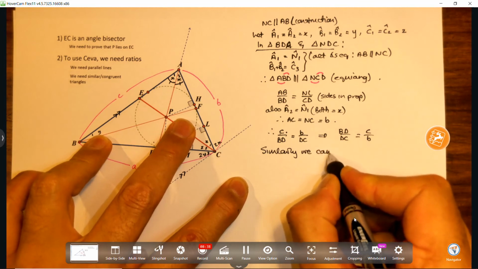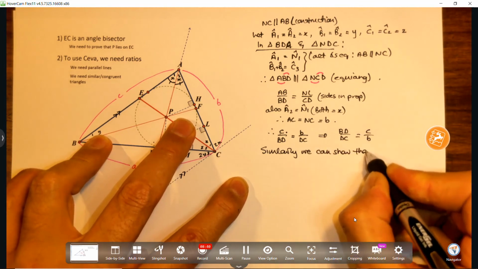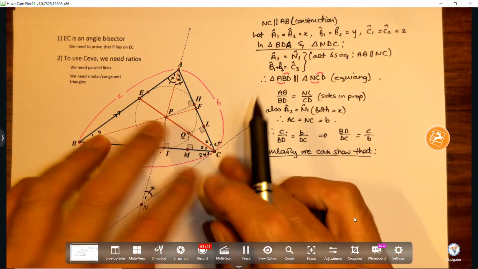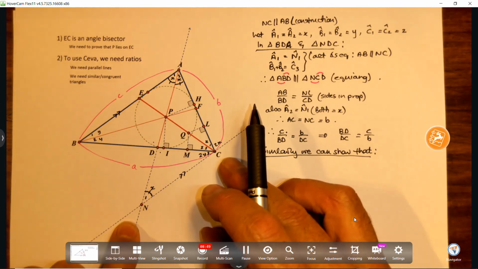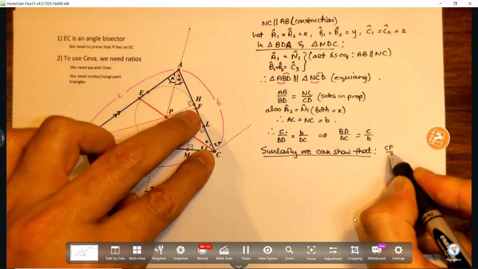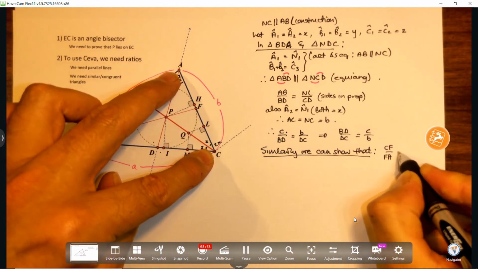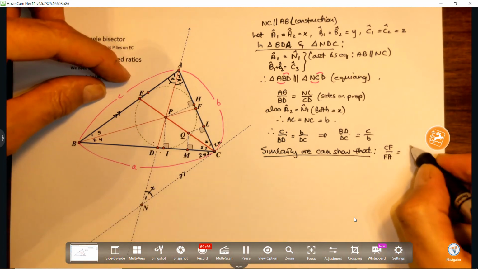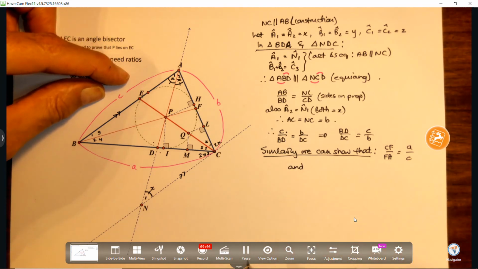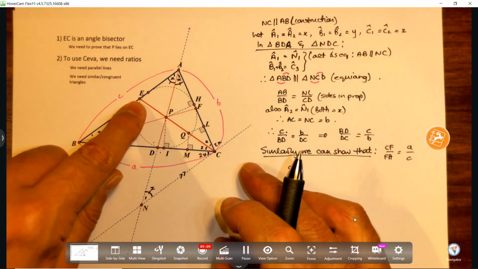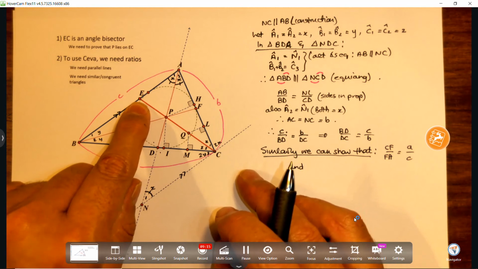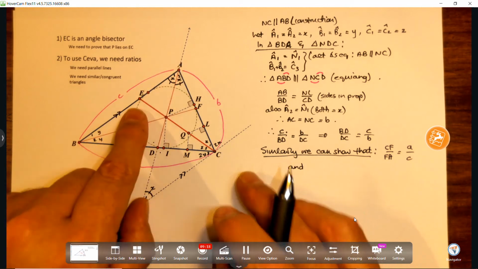we can show that by doing exactly the same type of constructions, but this time through B, we can show that CF over FA is equal to A over C. And also then that our third line, angle bisector, there deals with AE over EB.